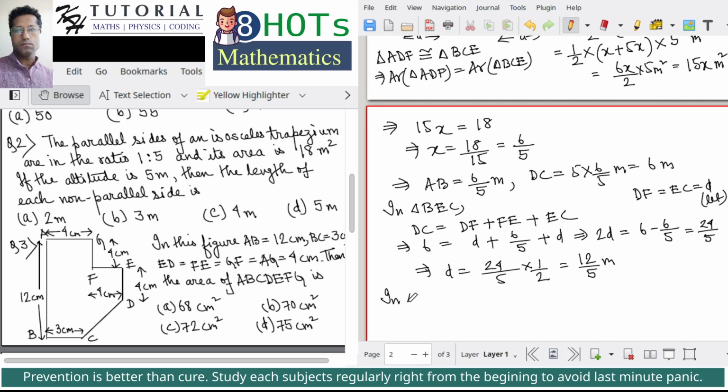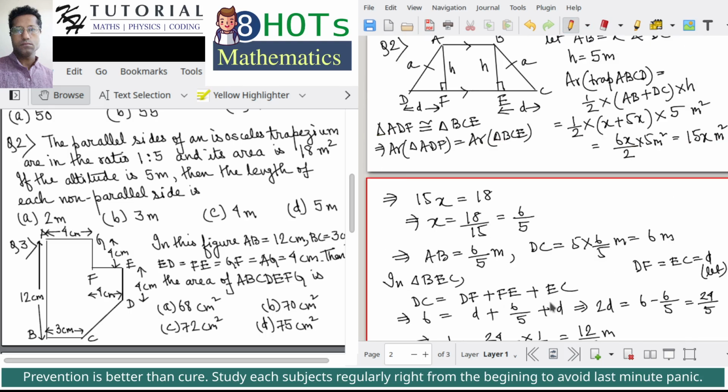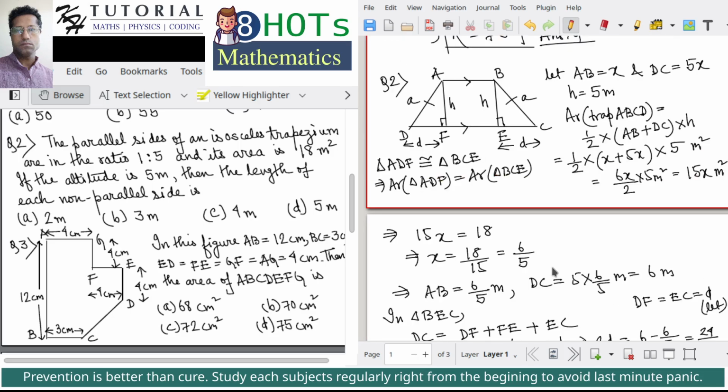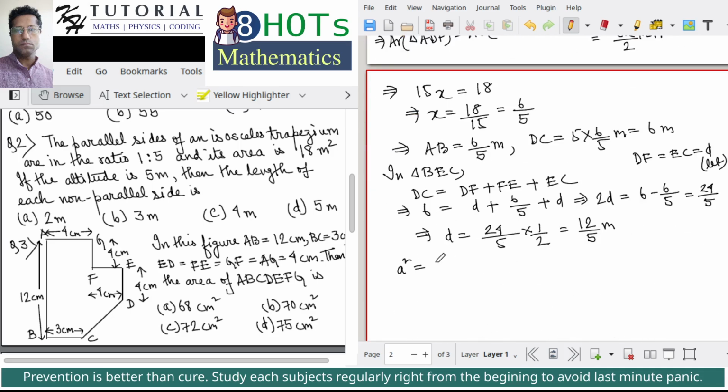So in triangle BEC, if we consider the length of each non-parallel equal side to be a, we will have a square is equal to h square, h is the height of the trapezium, plus EC square, or rather d square. This is equal to 5 square plus 12 by 5 square.